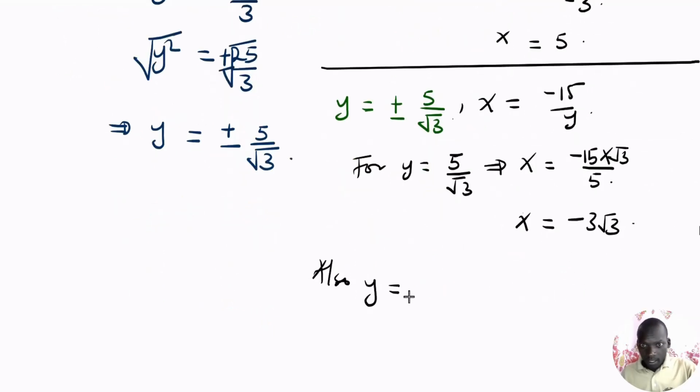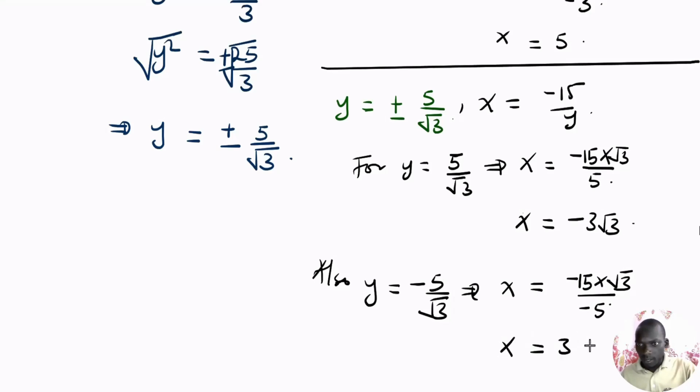Also, for y equaling negative 5 divided by the square root of 3, our x is going to be equal to negative 15, multiplied by the square root of 3, then divided by negative 5, implying that our value of x equals 3 root 3.